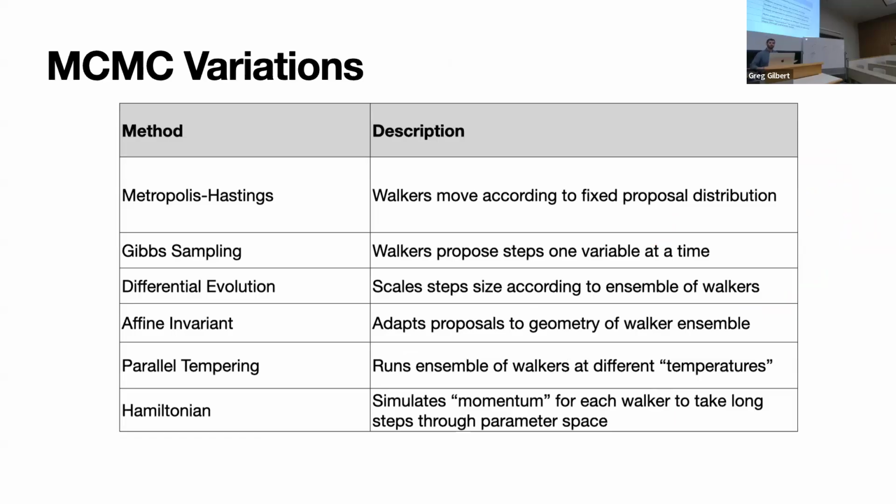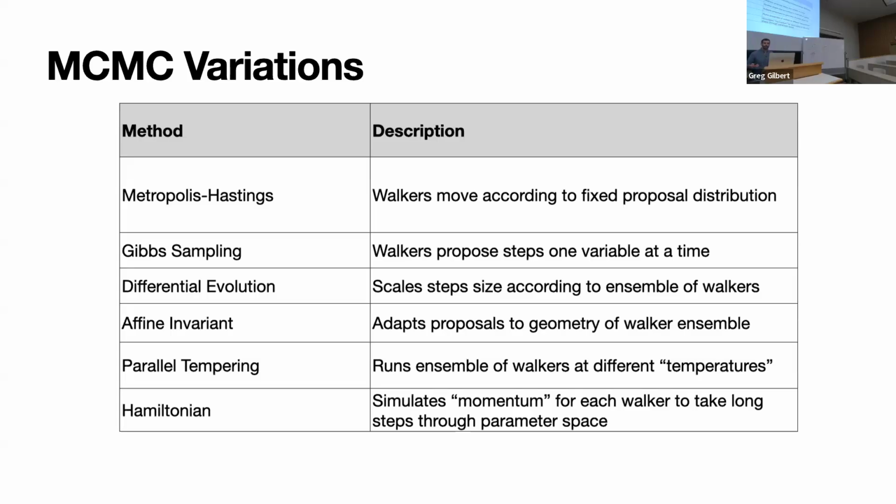You're just stumbling around blindly, hoping to get to a better position. But these various methods all do different things to try to infer something about the local geometry of the space and make smarter steps. So the simplest variation is Metropolis Hastings, which is a small variation on random walk, which allows you to make asymmetric proposals.